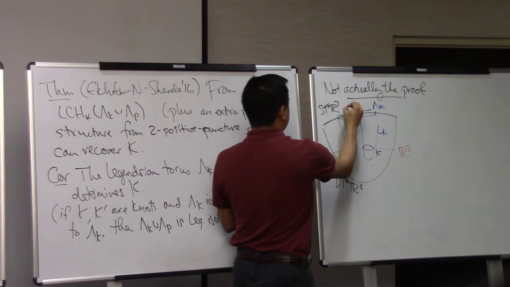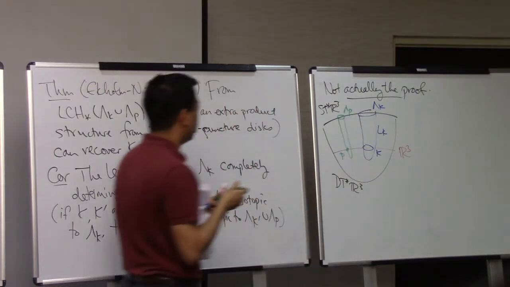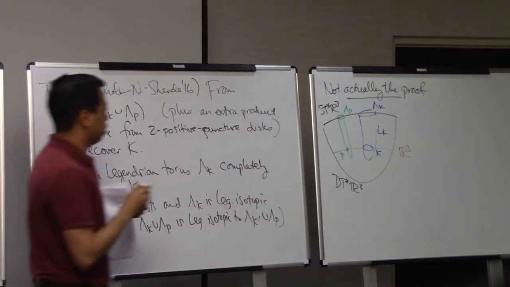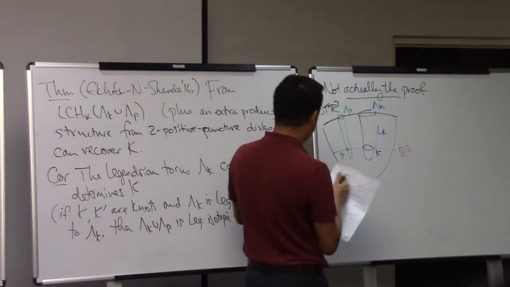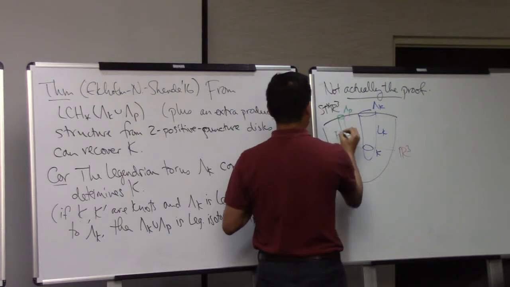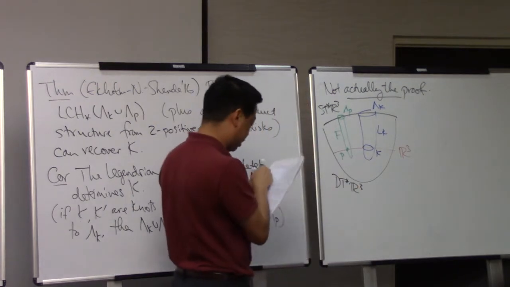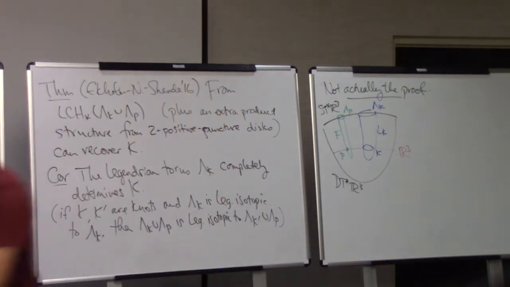And the cotangent sphere over P is lambda P up there. And maybe I'll give this cotangent fiber a name, F, for fiber.